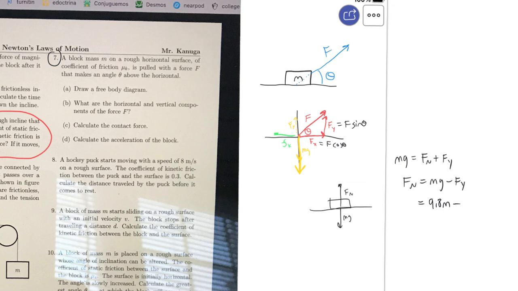Now we already mentioned that F sub y is F sine theta. I think that's fine. I think that's enough. Let's see, the acceleration of the block.